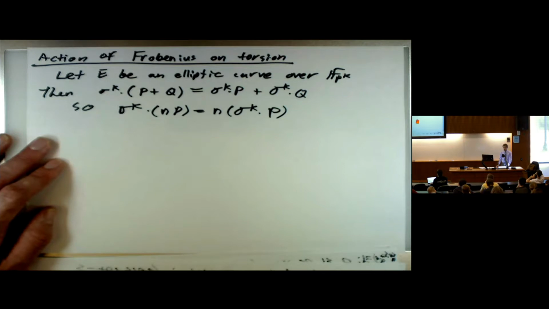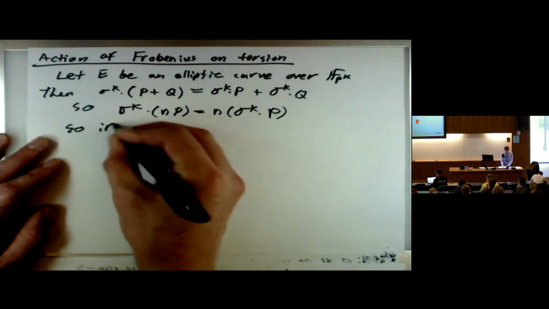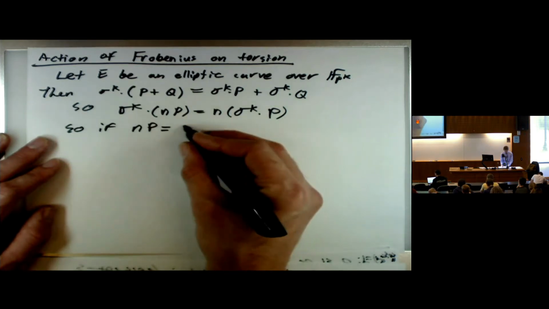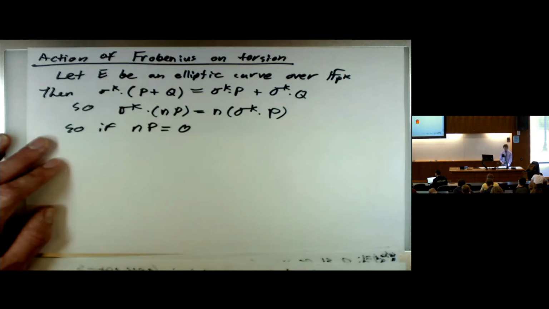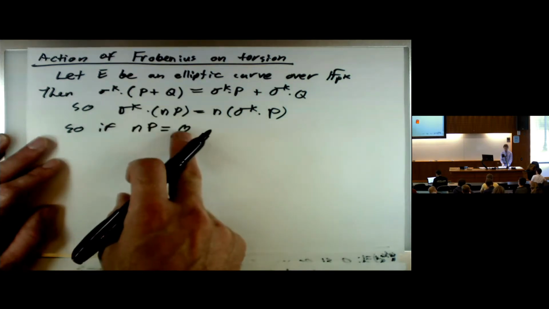If we get it commuting with addition, we get it commuting with repeated addition. And so if P is an n-torsion point, then sigma^k is going to act trivially on the identity.